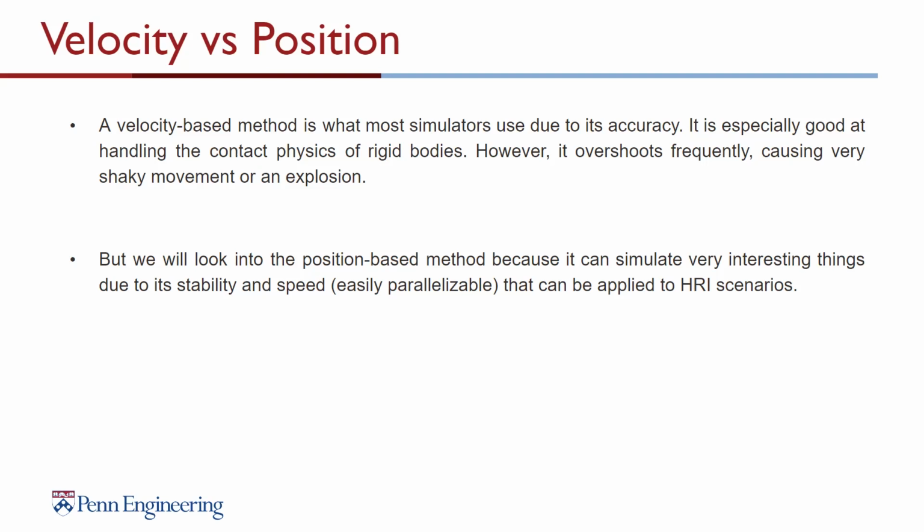Even a human is a non-rigid object that can be flexible, and many objects in the real world are non-rigid. So in order to simulate those kinds of things, this position-based method is usually better than the velocity-based method.